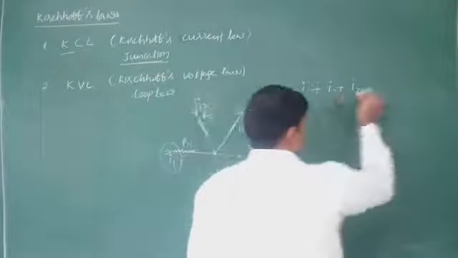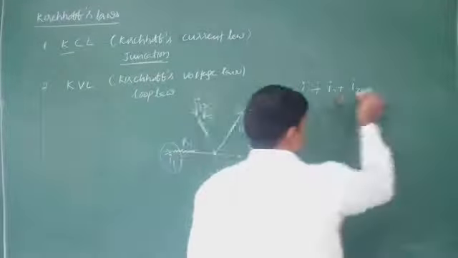So don't learn it by heart, thinking that in this direction it is the positive sign and in that direction the negative sign. No need. Just observe which one is at the higher potential and which is at the lower potential. Here current is moving in this direction, so the potential at point A is more than at point D. We are moving from the lower potential to the higher potential, so we take the positive sign.